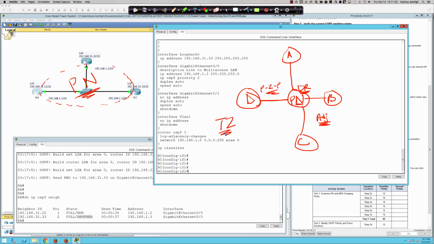And really, when you look at the type 2 LSA, it's almost as if it's an intra-segment summary of what is going on here. Now again, when I talk about summarization, I'm not talking about, oh, we've got two /24s and we can summarize that to a /23. That's not what I'm saying.